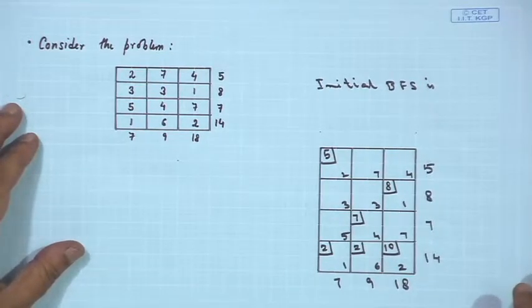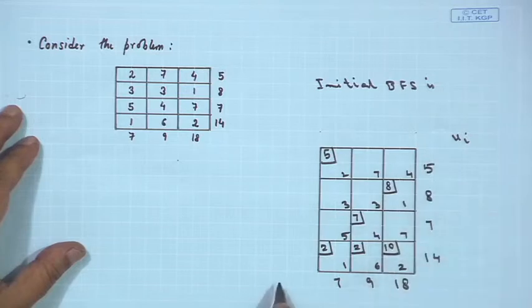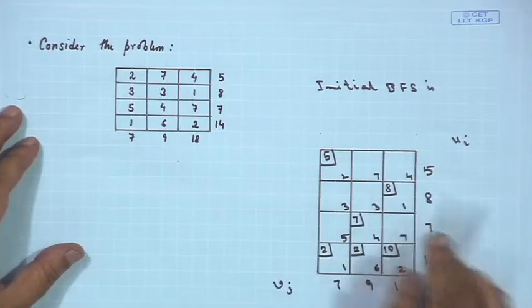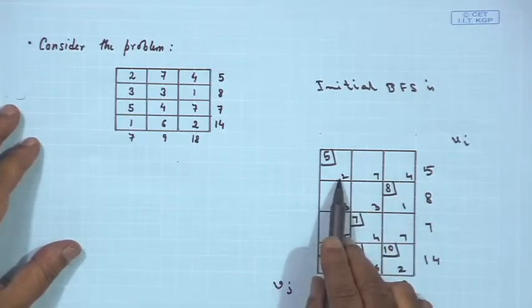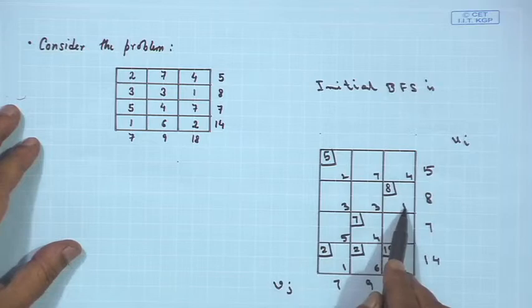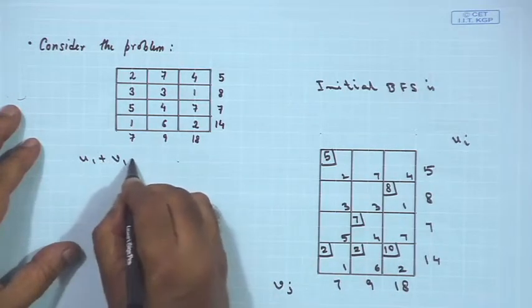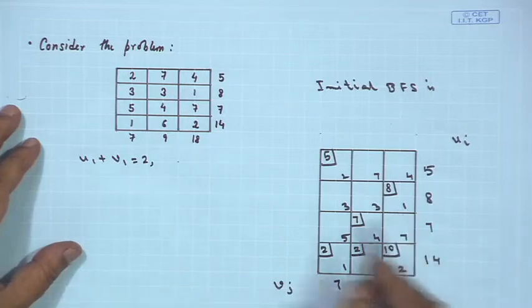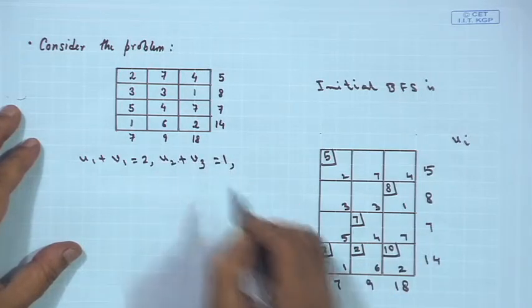Now, from here directly you can calculate ui and Vj. From this place, by using u1 plus v1 equals 2, u2 plus v3 equals 1.